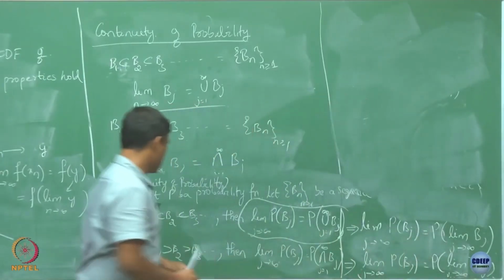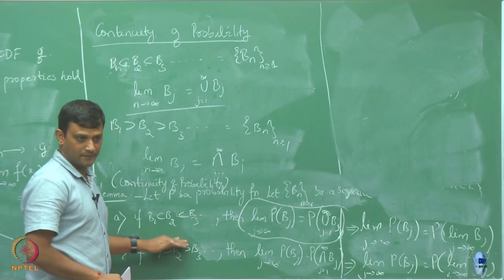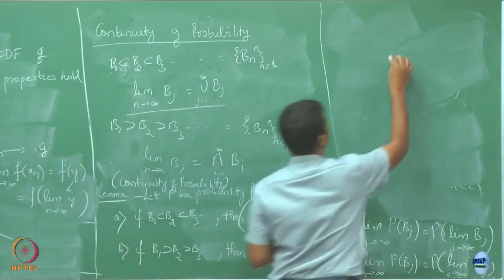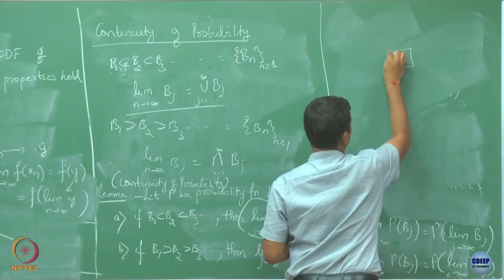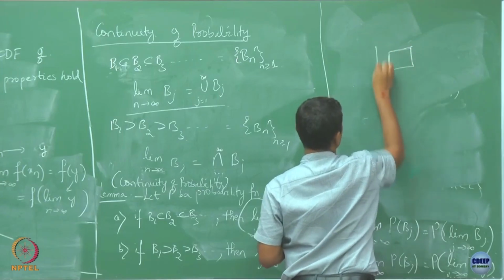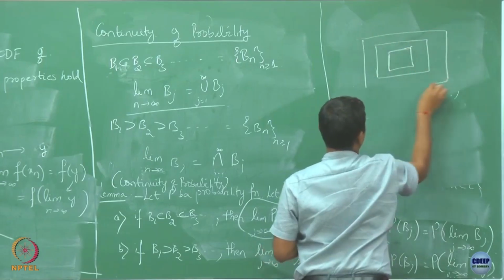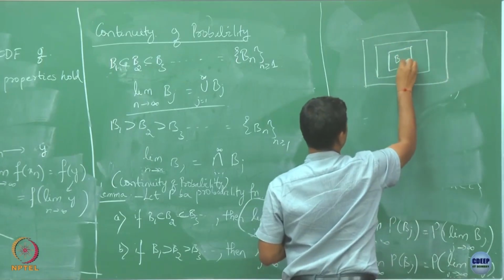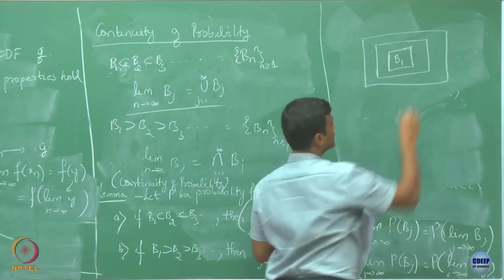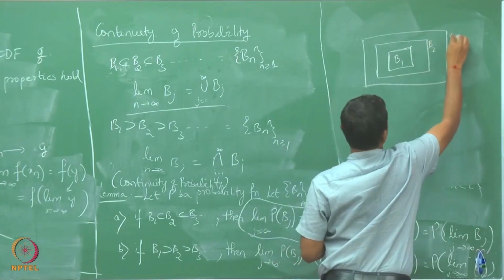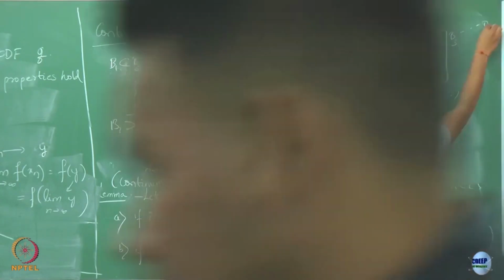So now let us try to argue why this should be true. So I have this increasing sets of sequences. Let me call this B1, this is B2 and B3, and like that we have.